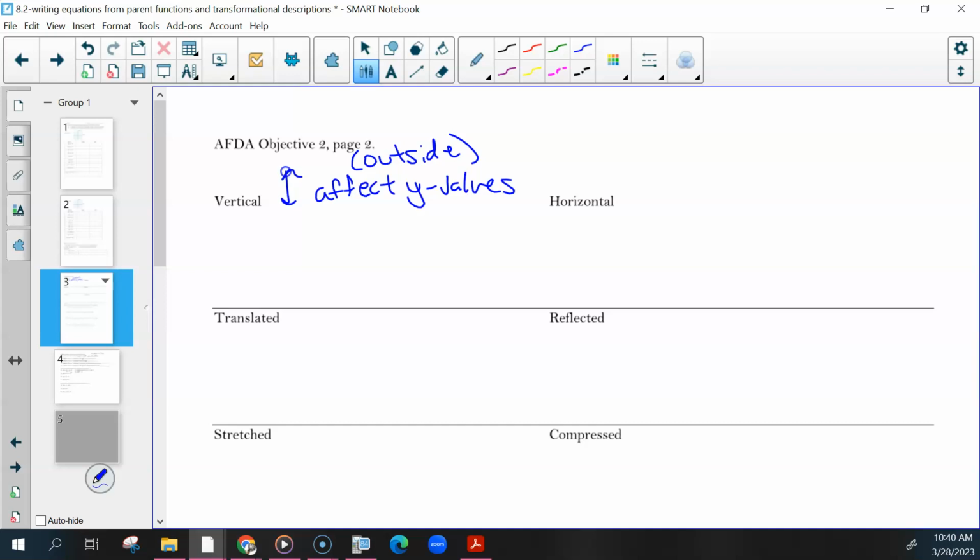So then horizontal would be opposite. Left to right. Those would affect your x values. And those will be things that are inside.